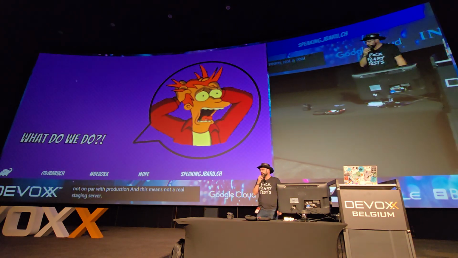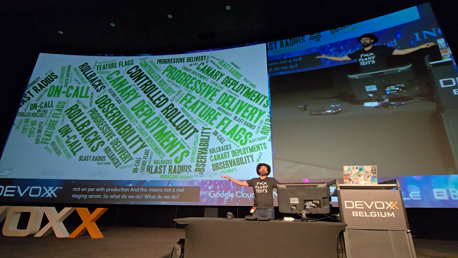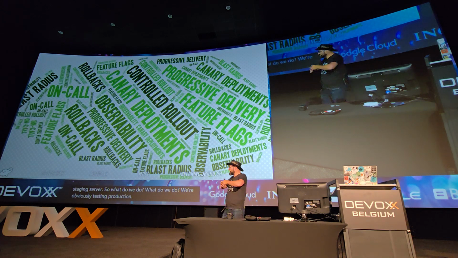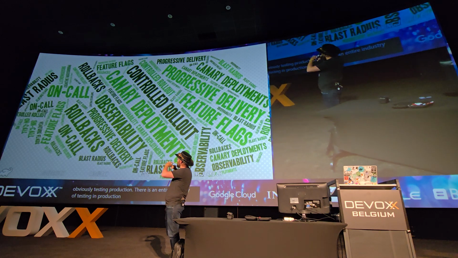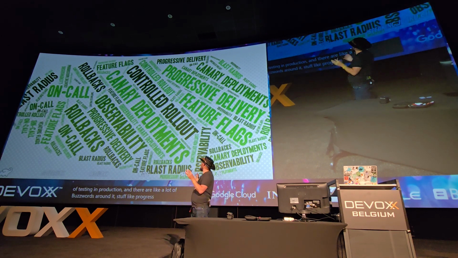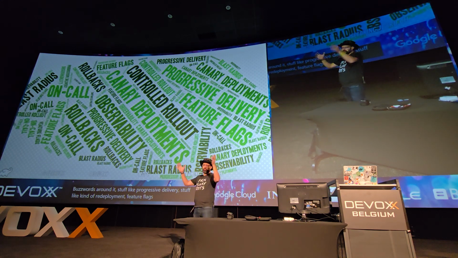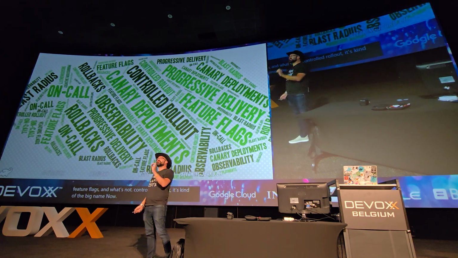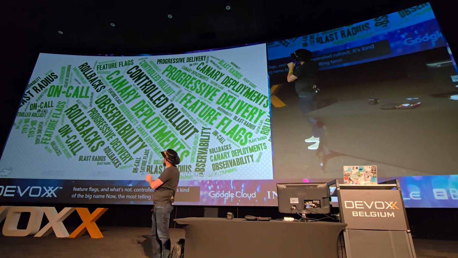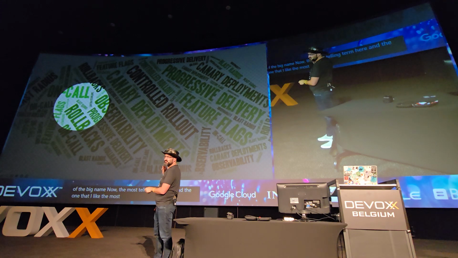So what do we do? We obviously test in production, right? There is an entire industry of testing in production, and there are a lot of buzzwords around it: progressive delivery, canary deployments, feature flags, and what's not. Controlled rollout is kind of the big name. Now, the most telling term here, and the one that I like the most, is blast radius.